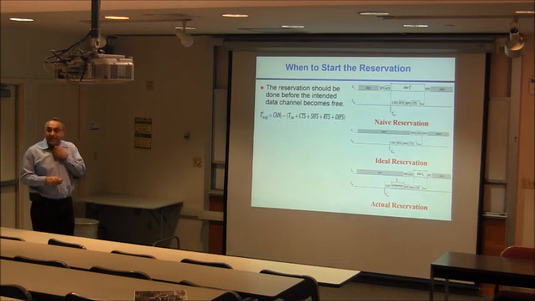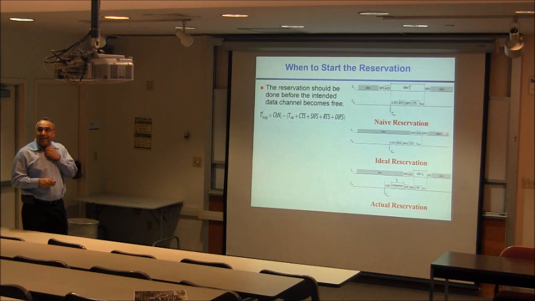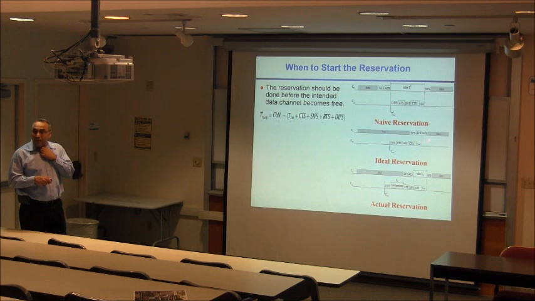The ideal case is you make the reservation, and when you switch, the channel becomes available immediately. That means you can transmit whenever you switch. That's the best case. But in this case, you need perfect knowledge, and it's not possible.